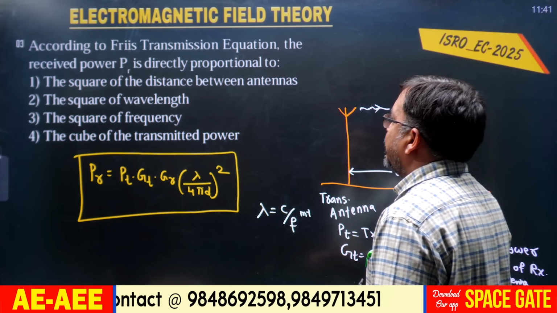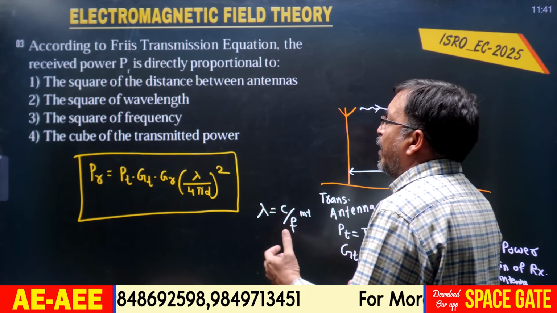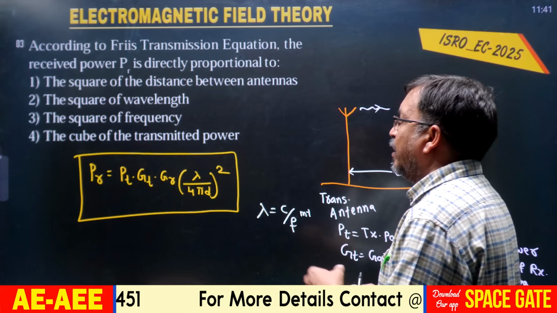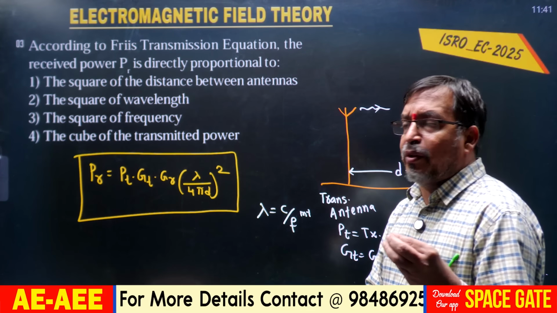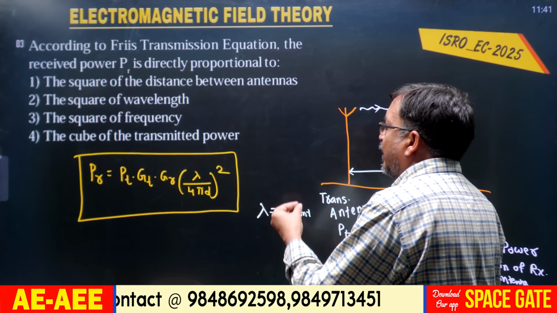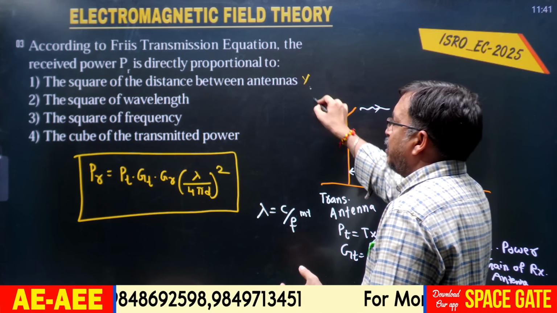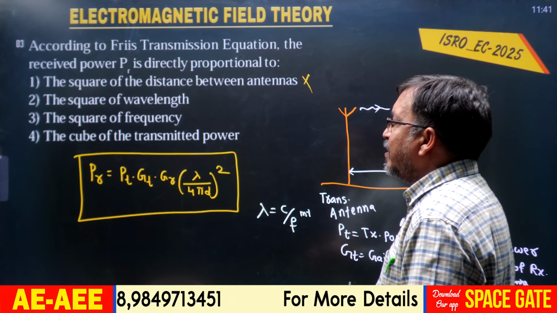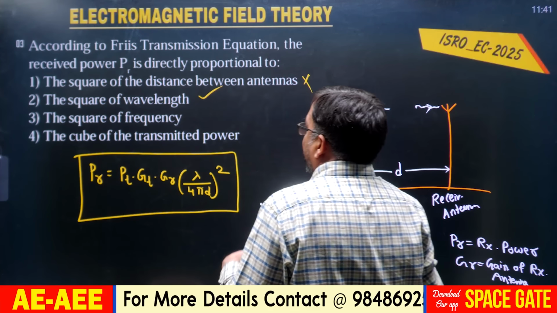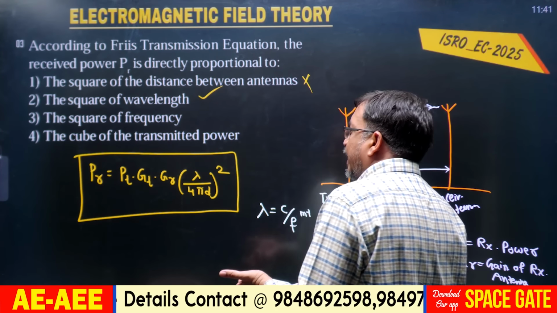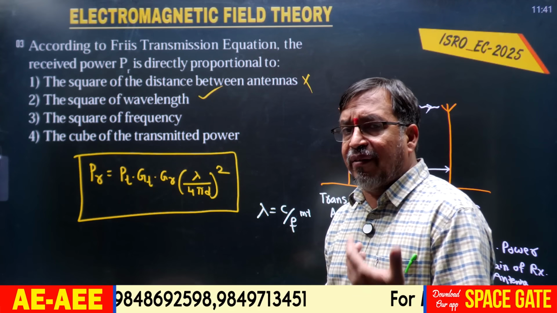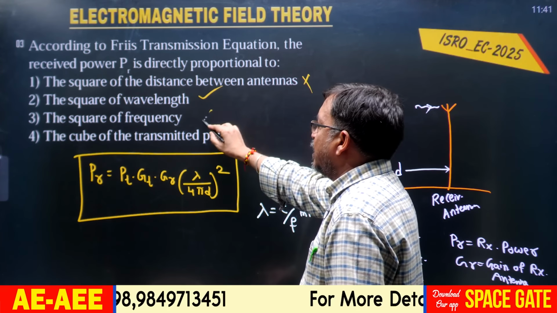According to the Friis transmission equation, the received power PR is directly proportional to what? First, the square of the distance between antennas: it's wrong because it is inversely proportional. Second, the square of the wavelength: yes, it is correct. The square of frequency is wrong, since wavelength and frequency are inversely proportional.